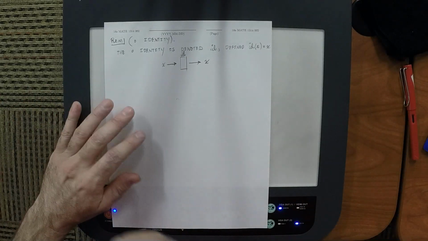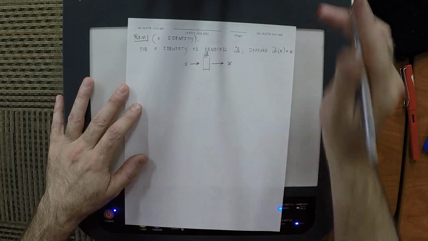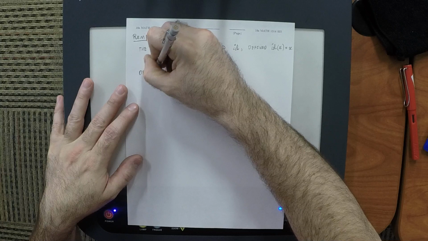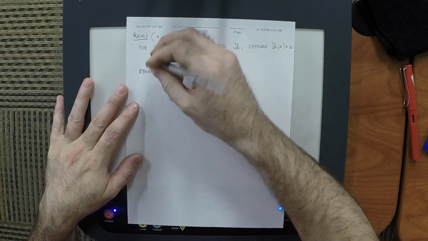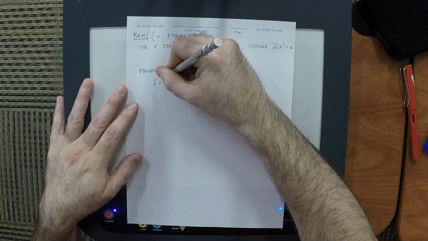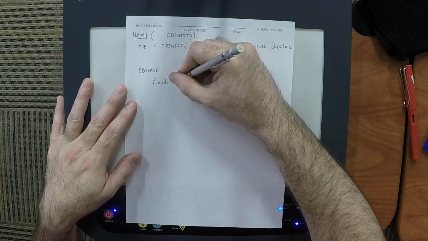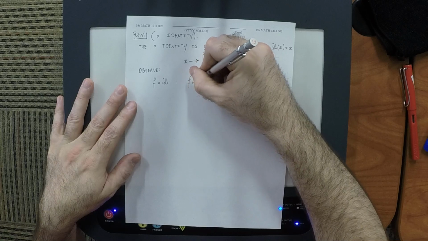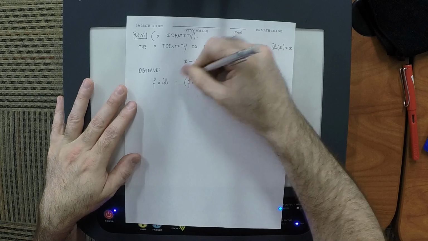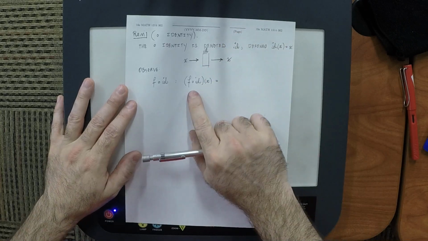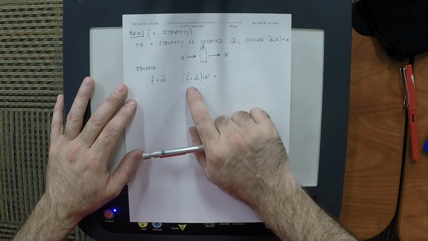Now the reason why this is the identity is because of the following. So observe. For example, f composed with ID, so f composed with ID evaluated at x. Now how can we write this without the composition operation?